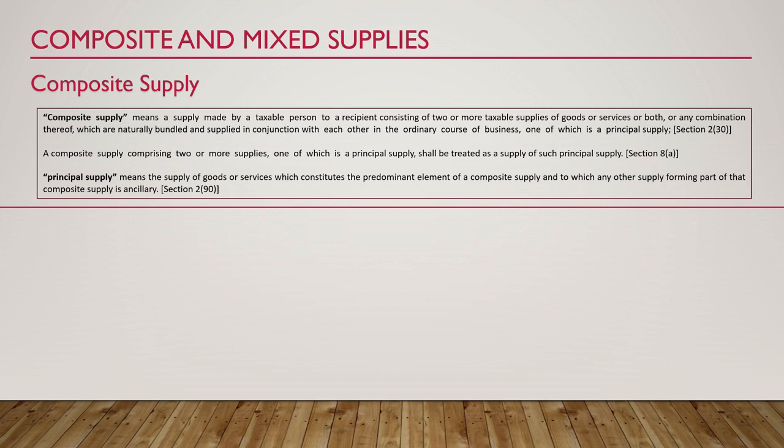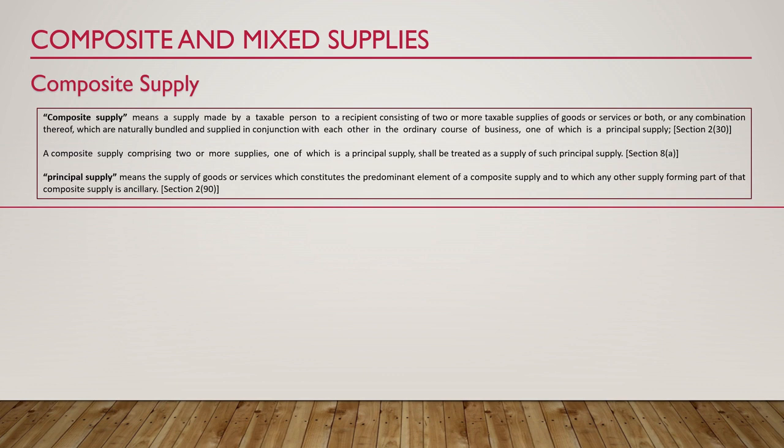Out of this, now if you ask me what is the principal supply, I'll ask you what is the predominant element. So let's see. My intention when I undertook this transaction to buy a TV is that I must get a TV. That is, procurement of the TV was my intention. I did not intend to procure the warranty. The warranty would be useless without the TV for me.